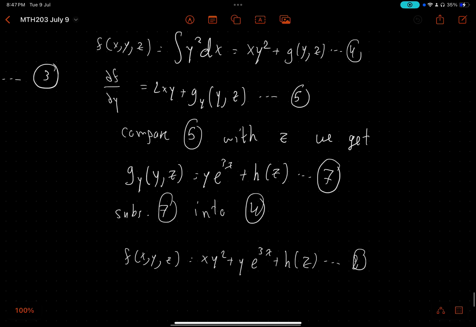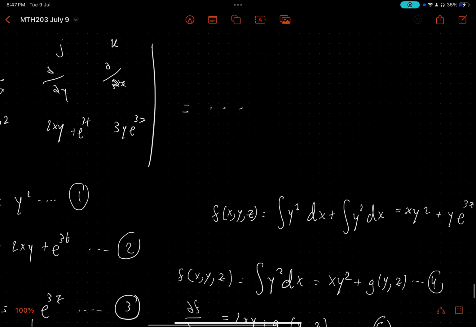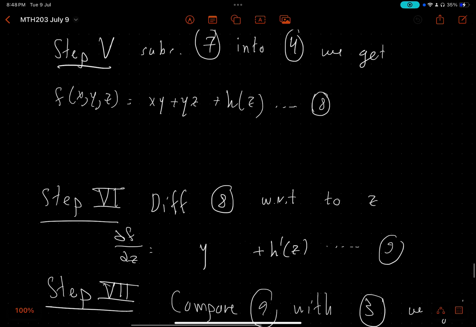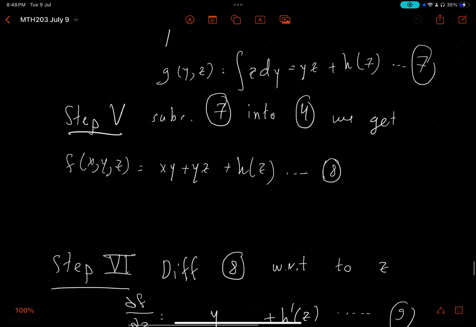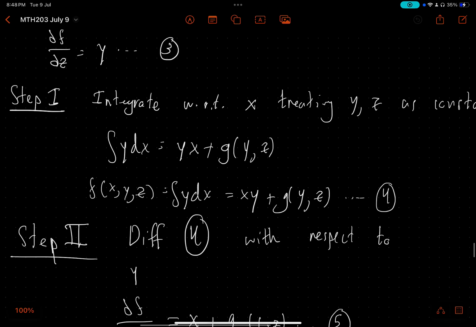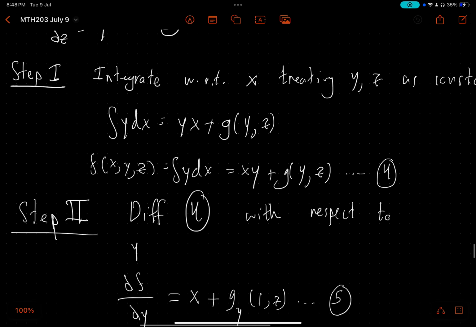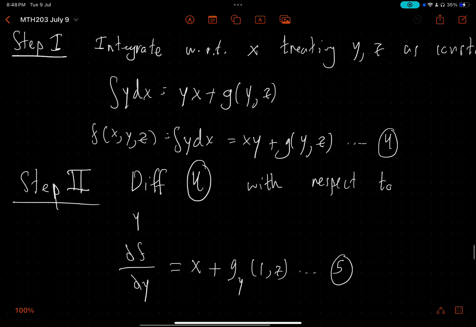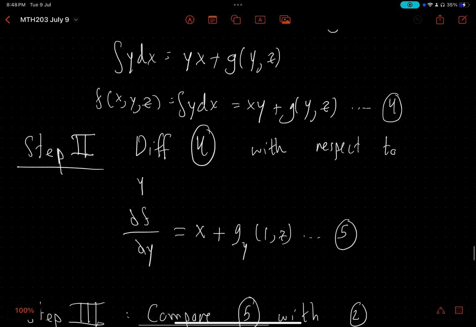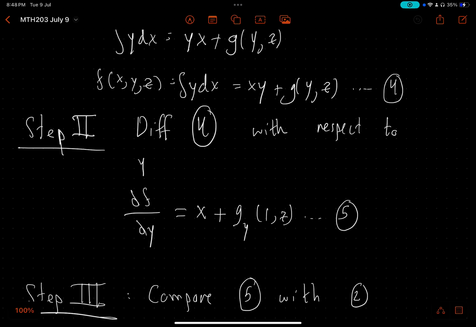Okay, so here, okay. So this is our example. This is our example, and I just basically found the function g of y, z, and that's correct. So I integrated and found the function. Now we should differentiate with respect to y. Okay.